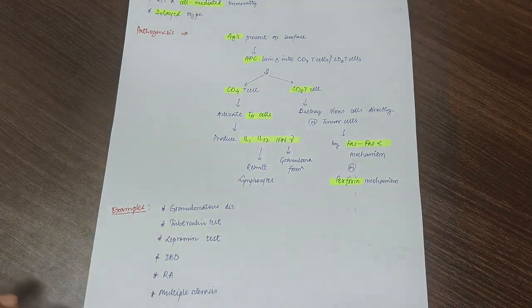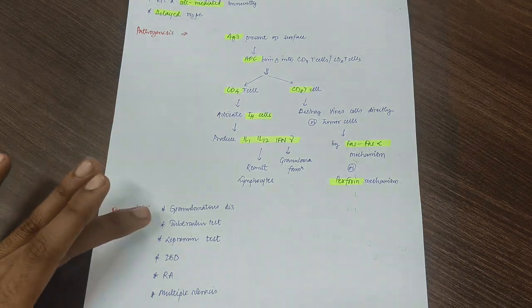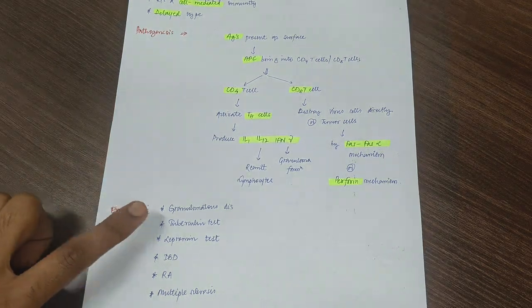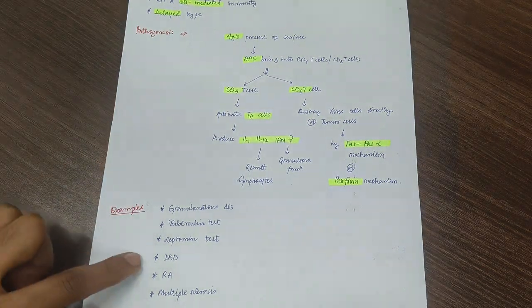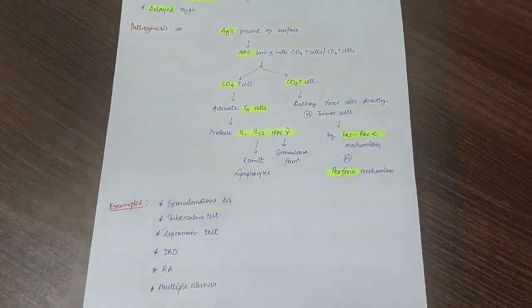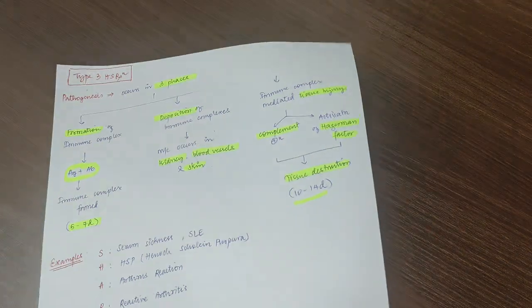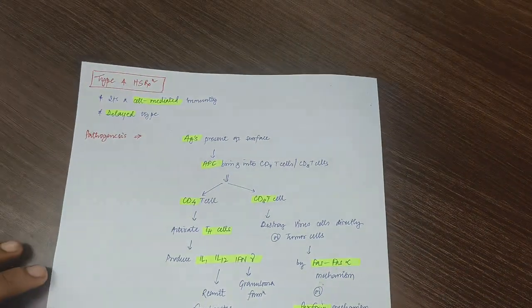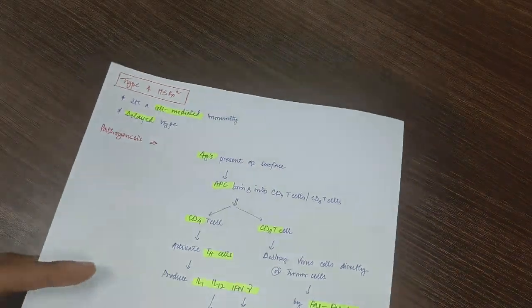Granulomatous disorders like TB, leprosy. The diagnostic tests for them are the tuberculin test and lepromin test. Others are inflammatory bowel disorders, rheumatoid arthritis, and multiple sclerosis. These are the things you are going to tell regarding the hypersensitivity reaction.